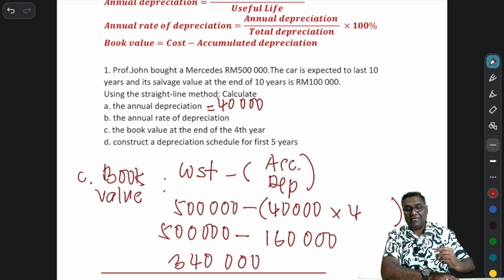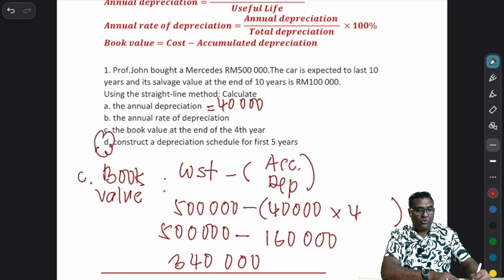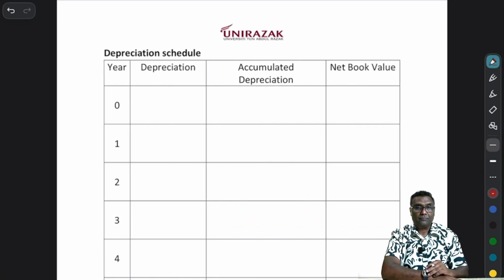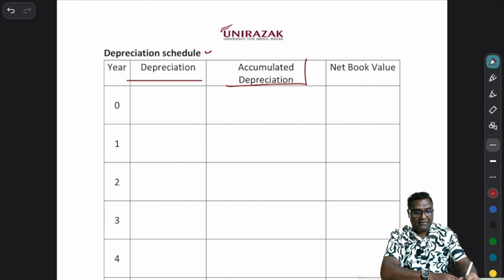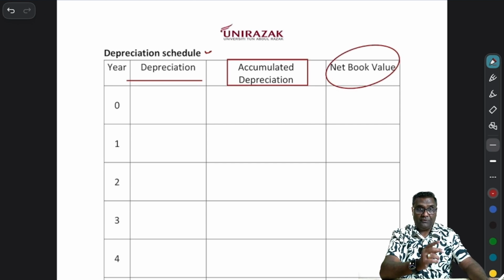Okay, what is the next thing that I need to know? How to construct a schedule. So to construct a schedule, this is what we need. This is how the schedule looks like. Depreciation, the first one, followed by accumulated depreciation. Lastly, the net book value. Okay, so let me start off with the first one.